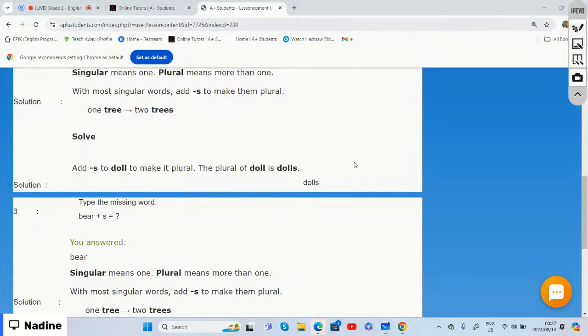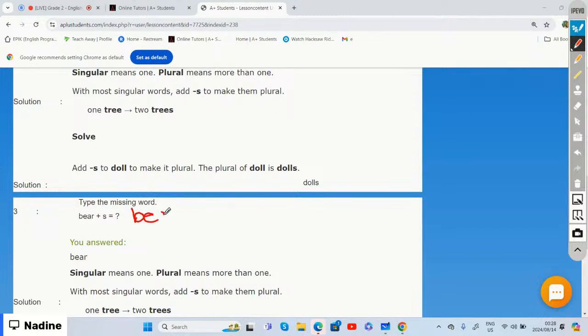One bear, but more than one. So we have one bear, but as soon as we see that there is more than one, we say that there are more than one bears. And we added an S to show that there is more than one bear.